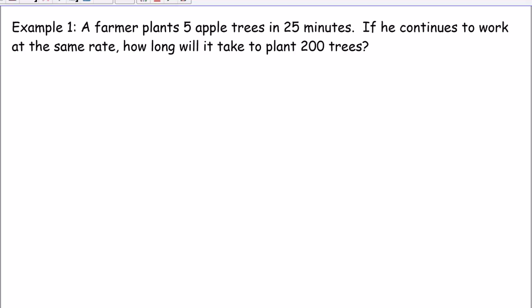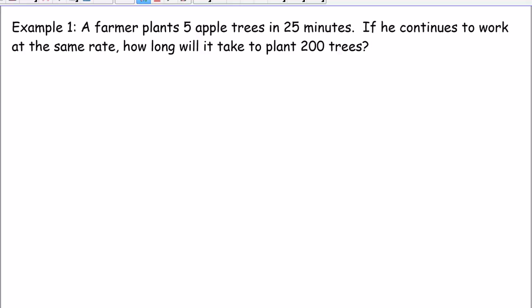Here is an example. A farmer plants 5 apple trees in 25 minutes. If he continues to work at the same rate, how long will it take to plant 200 trees? So we can start by setting up this question.